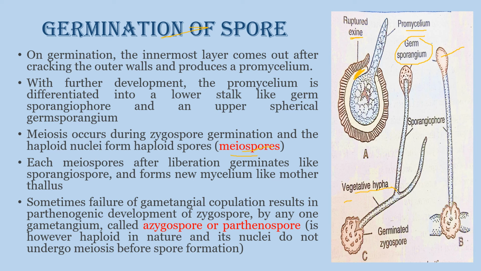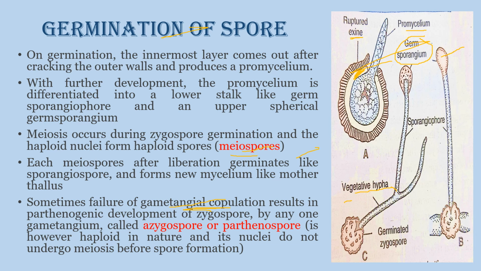But there are also other alternative things. In case there is failure of gametangial copulation, then the zygospore is formed parthenogenetically.